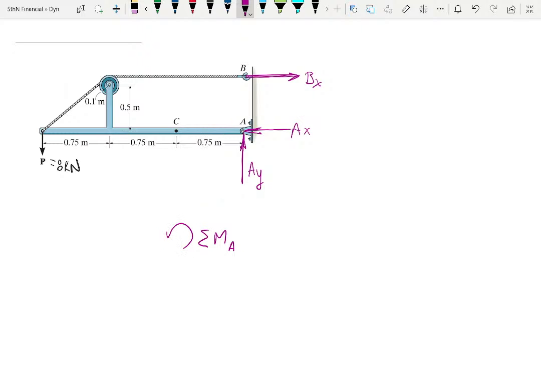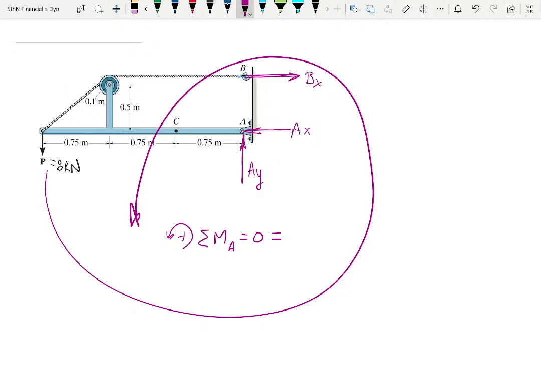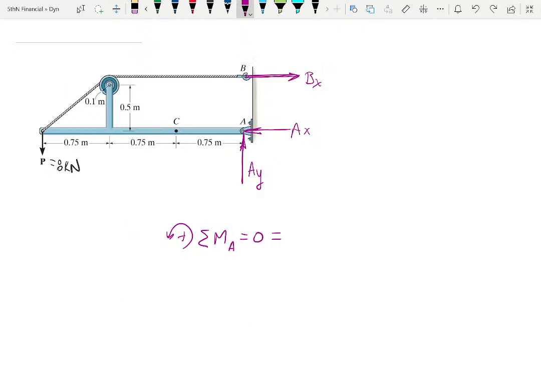Then 0 equals, this P goes this way, which is a positive way, and it's A times this plus that plus that. Let's say those two together is 1.5 and 1.75 is 2.25, I think. So 2.25.